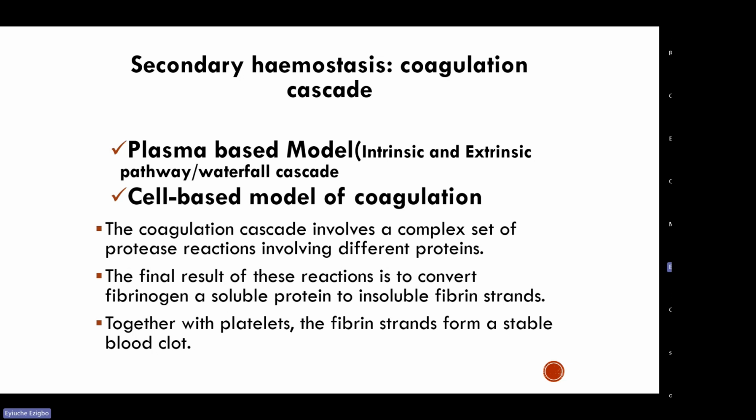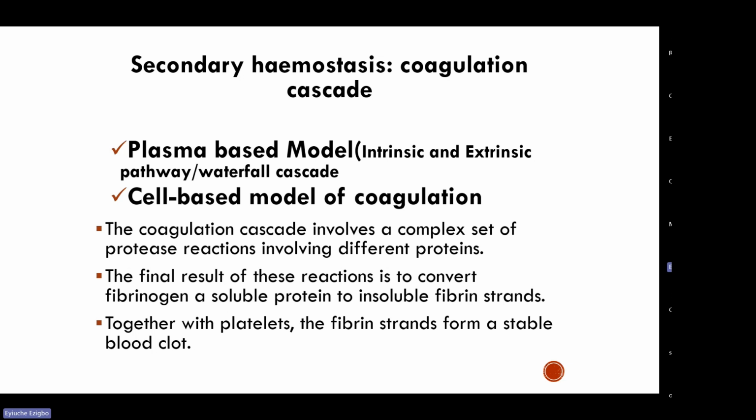The final result of this reaction is to convert fibrinogen, as I was saying, that was used as a linking molecule during the process of primary hemostasis. The fibrinogen molecule was used to link two platelets together, which we called platelet aggregation, and that was the point that primary hemostasis stopped.